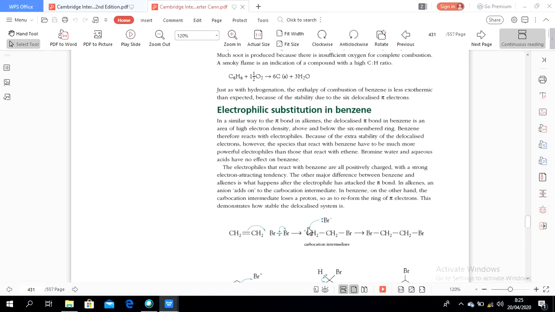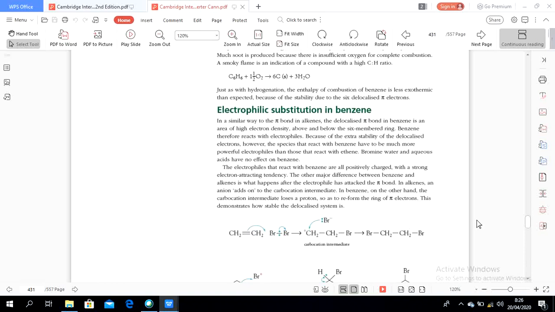It lacks electrons. It needs to gain electrons to make itself stable. The bromide ion, which is a nucleophile, has an extra electron. So it forms a dative covalent bond to this carbon, and that makes this structure.